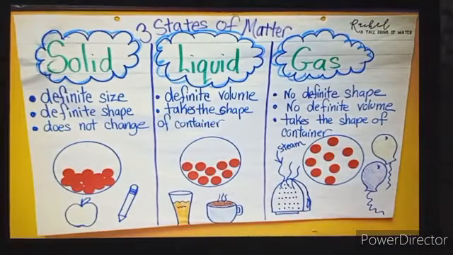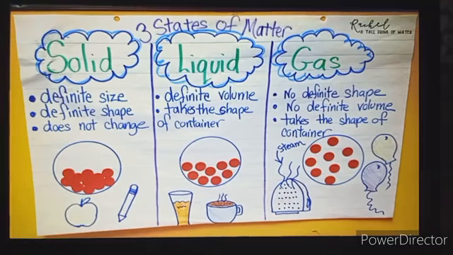Then we have discussed that there are three states in which matter exists. These are solid, liquid, and gases. In detail, we have discussed solids, where you have learnt that a solid has a fixed shape and a fixed volume.